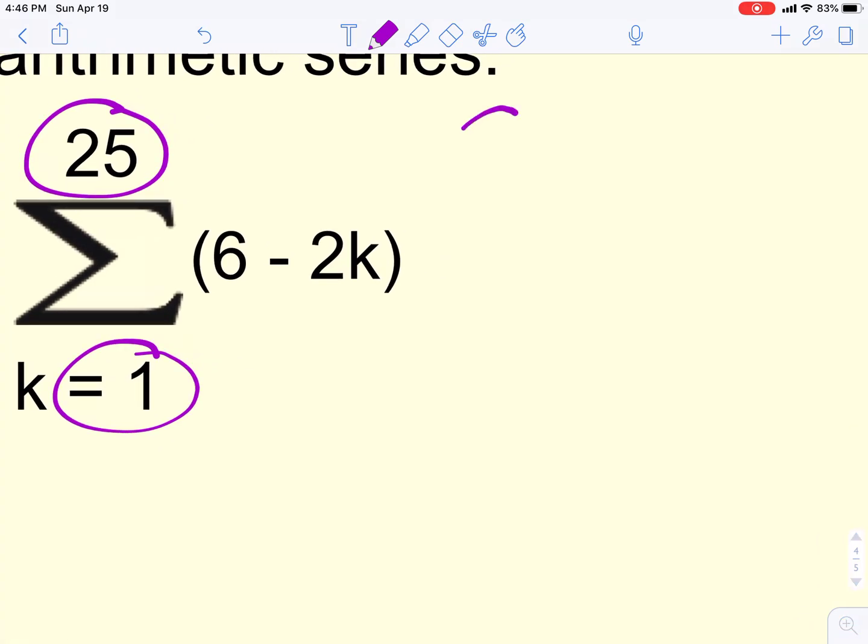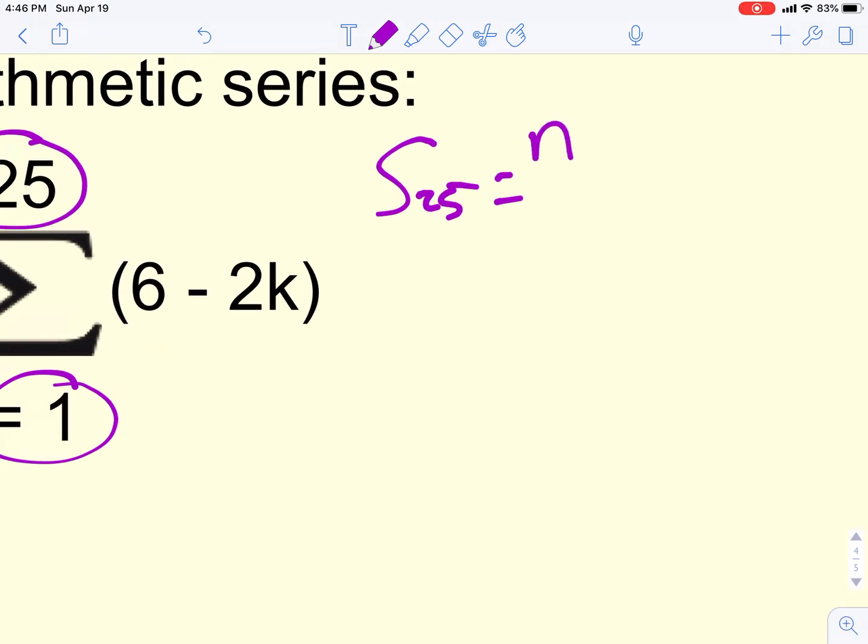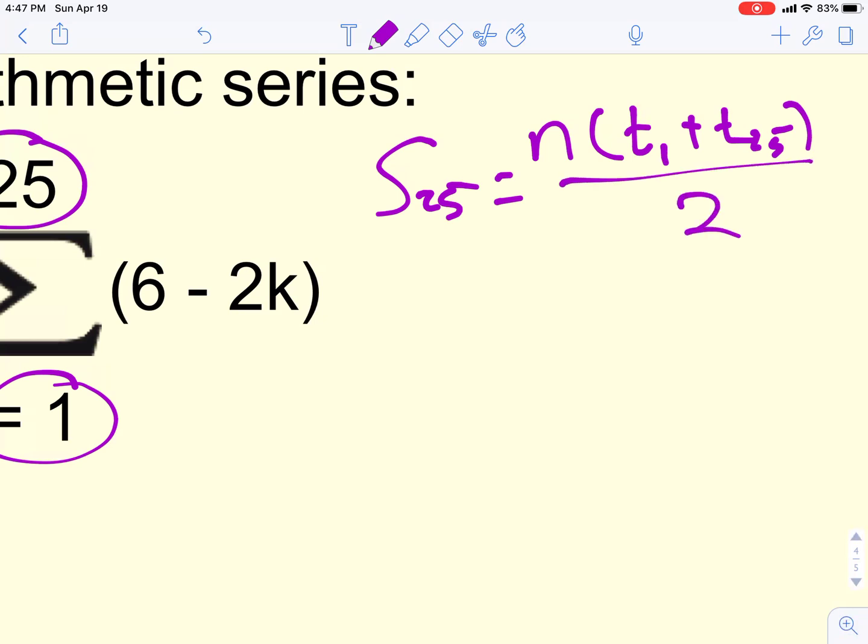Again, we're going to use that formula, S25 then, because we have 25 terms. N times term 1 plus term 25, divided by 2. All right, well, N is 25. First term, we don't know, and the 25th term, we don't know.